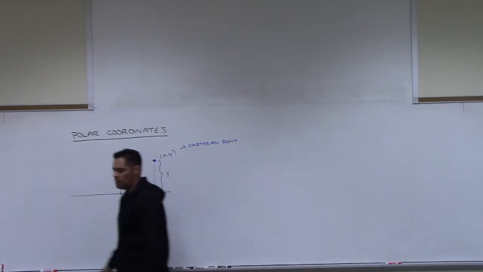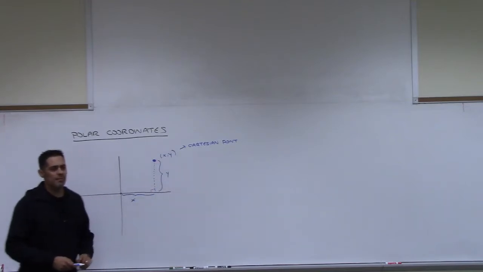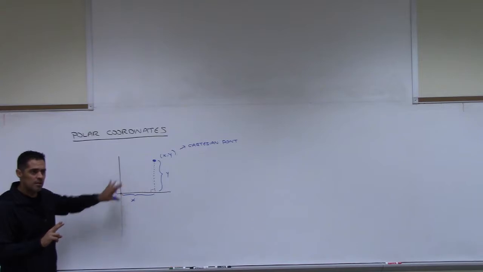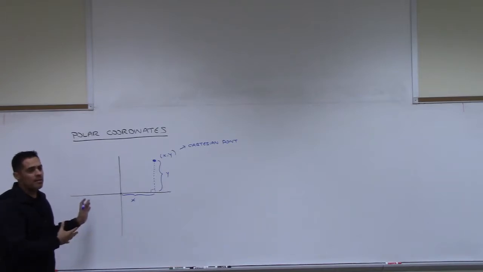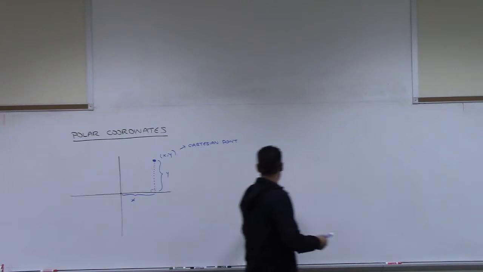Cartesian. So that is our Cartesian coordinate system. If you want to get to somewhere in two-dimensional space, somebody gives you two pieces of information: the x-coordinate and the y-coordinate, right? That's the way we've been doing all of our math. But that's not the only way you could achieve the same result.